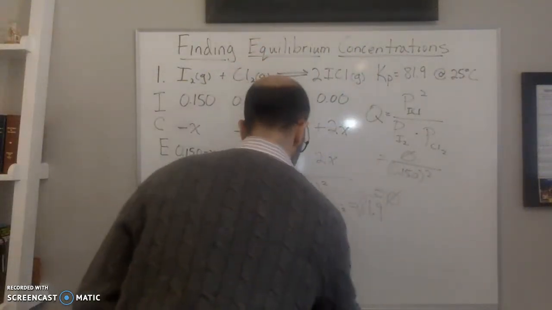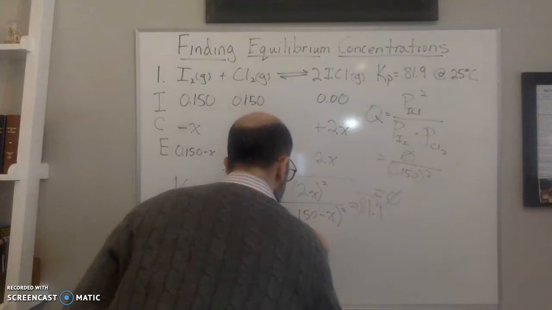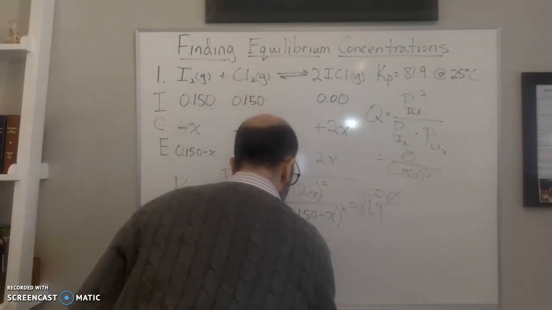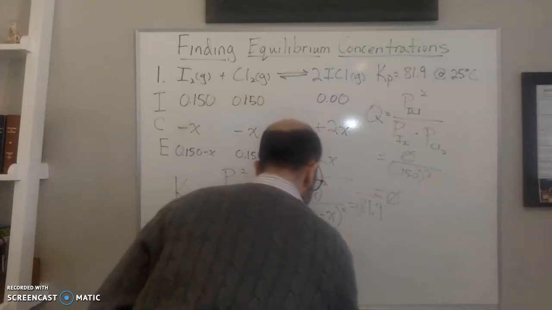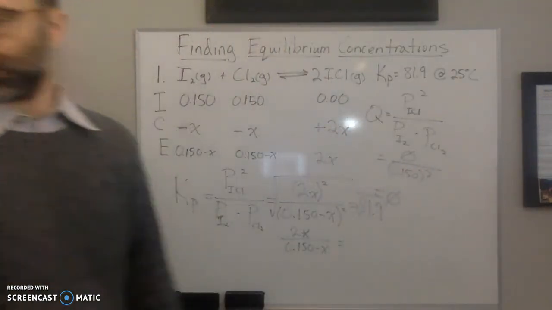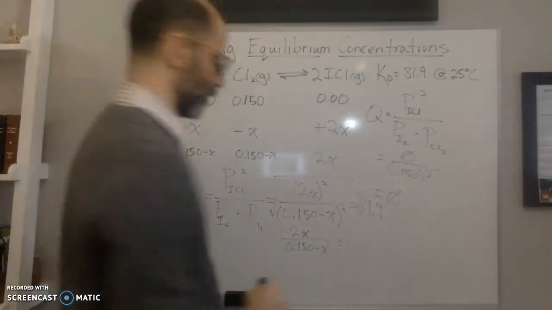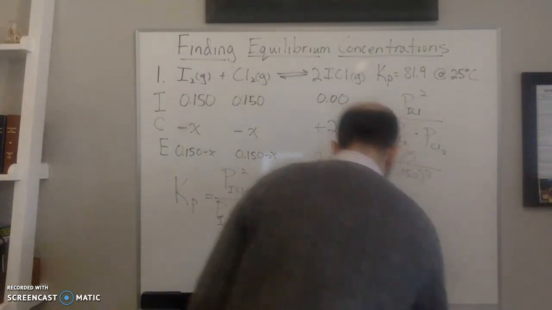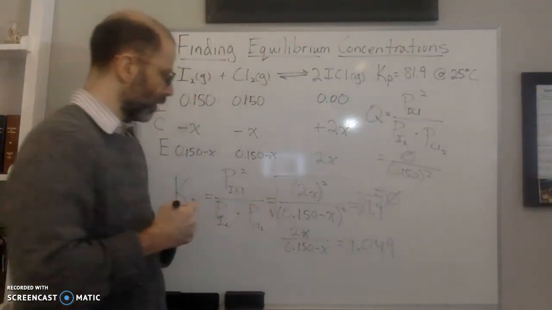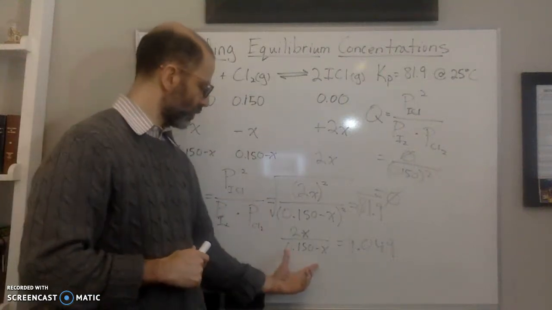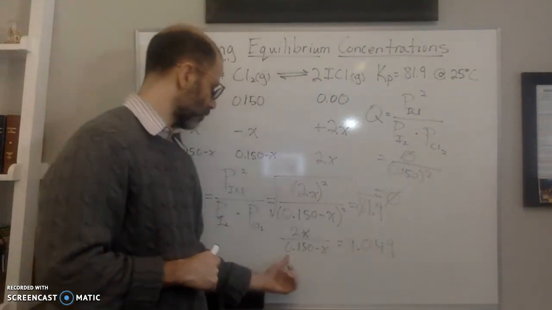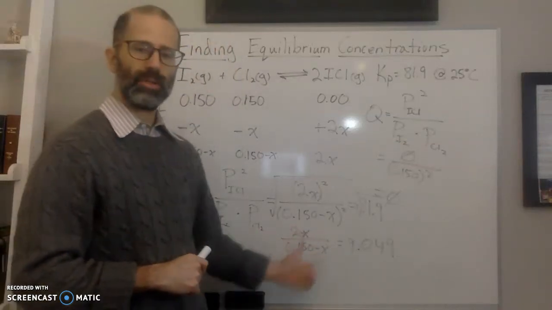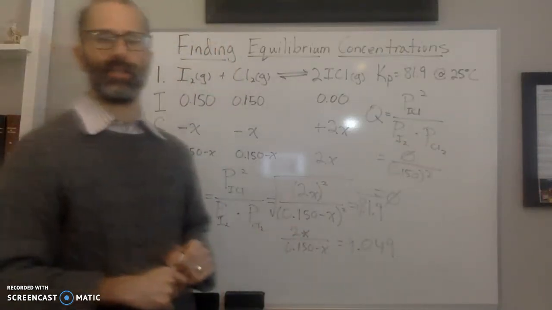So then this becomes 2x over 0.150 minus x, and that's equal to 9.049. And then at this point, you're going to use some algebra. You're going to multiply both sides by 0.150 minus x, and then get x on both sides, and then solve for x.